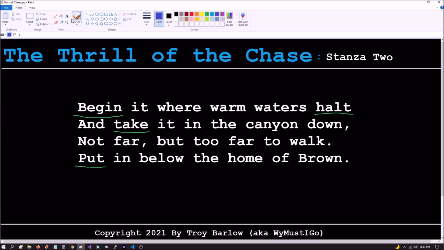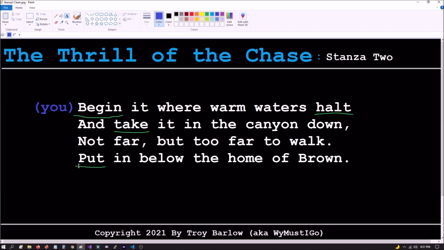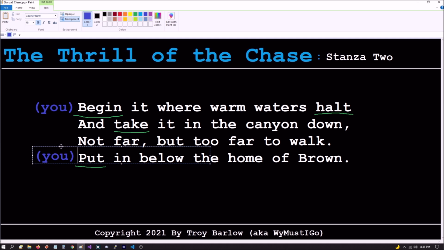So, okay, I'll move it over a little bit. So there we go. This verb is an imperative. Now, while we're on that subject, we have the same situation down here, because put is an imperative telling somebody to do something. At least two of those verbs are implicitly defining the subject to be you.